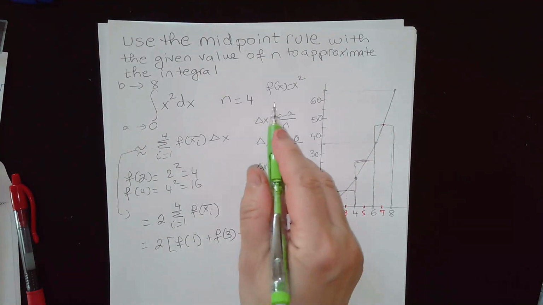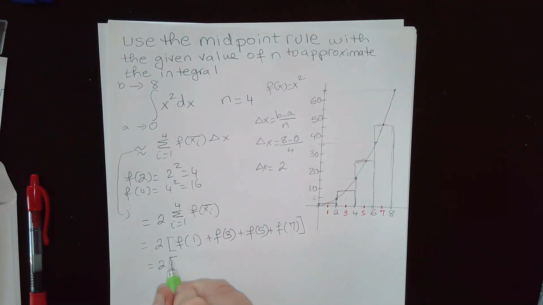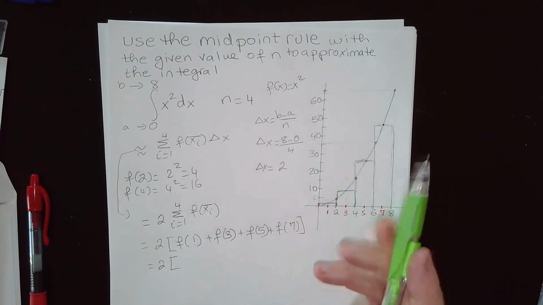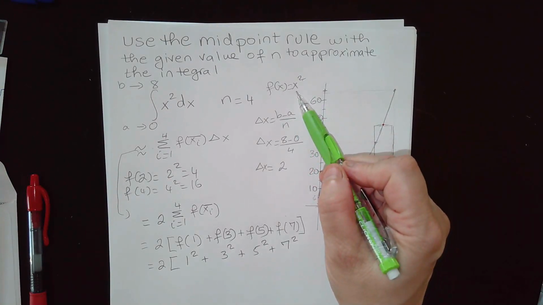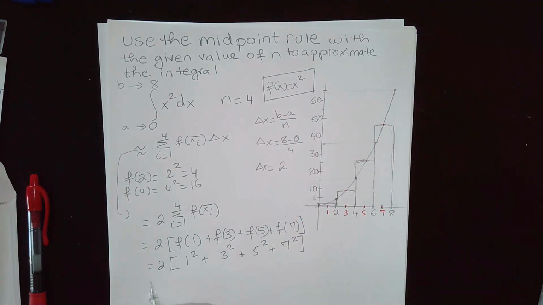And since you already have the function f, what you can do is plug it in. f(1) is 1 squared, right? So 1 squared plus f(3), that's 3 squared, f(5), that's 5 squared, f(7), that's 7 squared. Remember, f of x is equal to x squared. And that's equal to 2 times 1 plus 9 plus 25 plus 49.